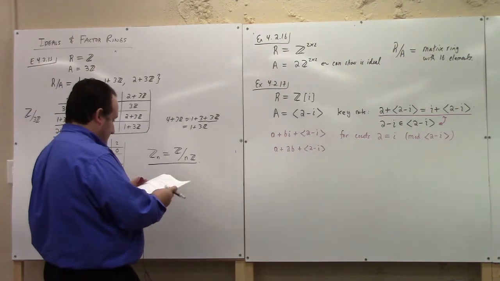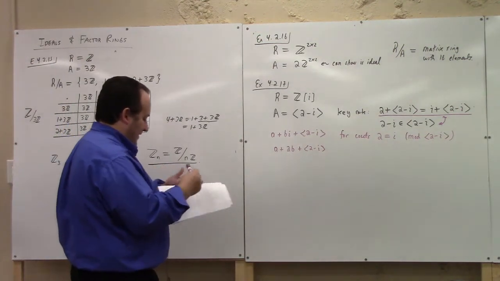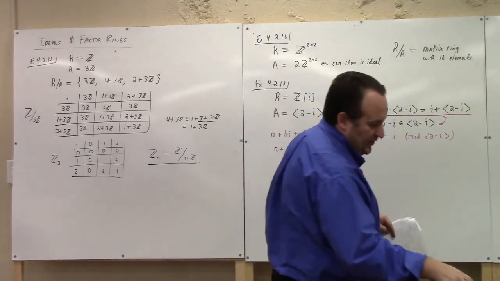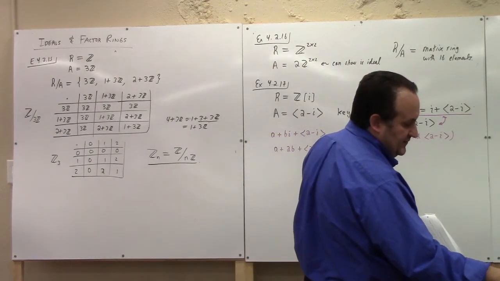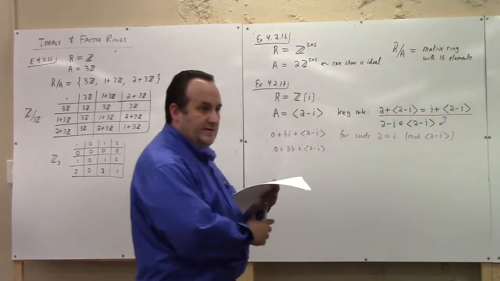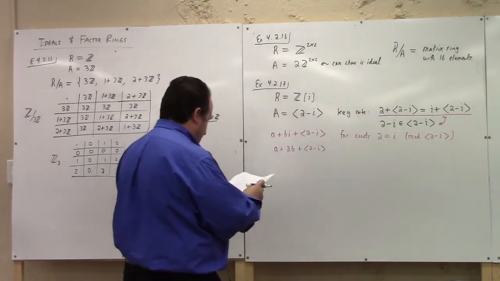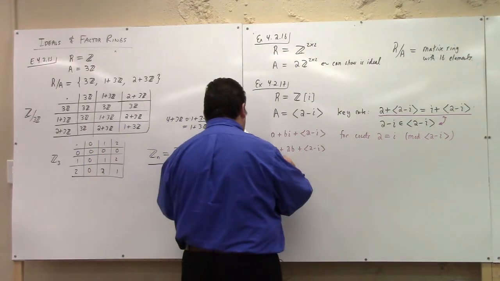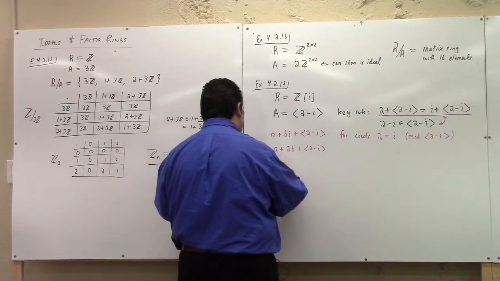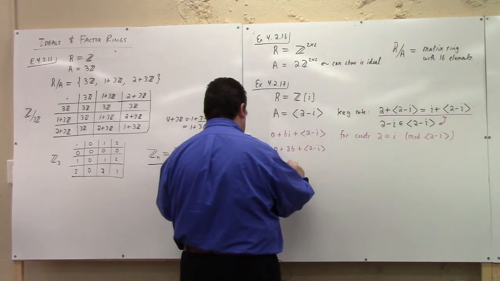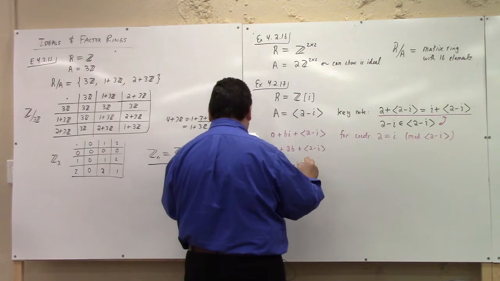Honestly, I wish I had a more clear-minded explanation of the algorithm for figuring this out. But let me just say, after some calculation, you can convince yourself that there are the following things. There's the principal ideal generated by 2 minus i itself.